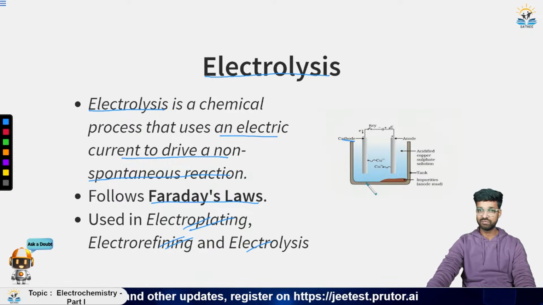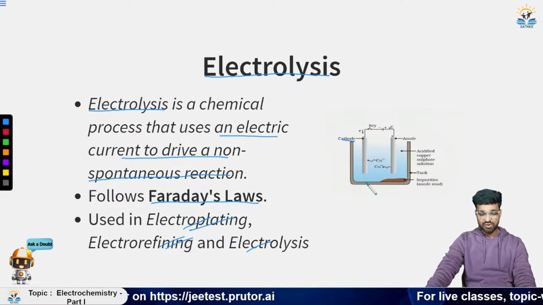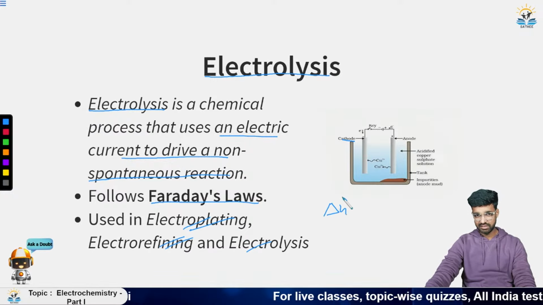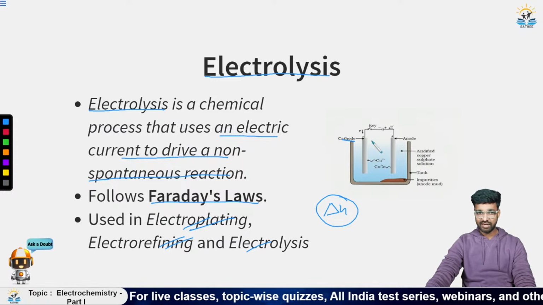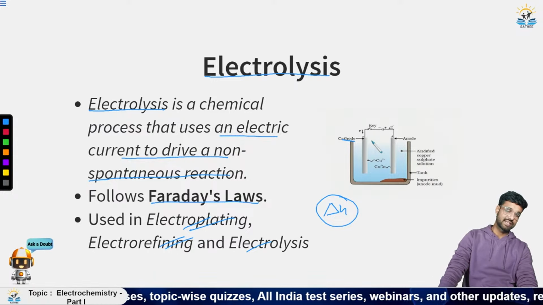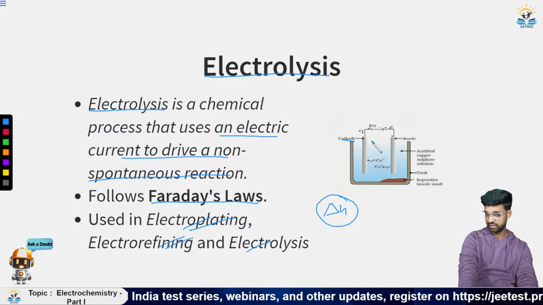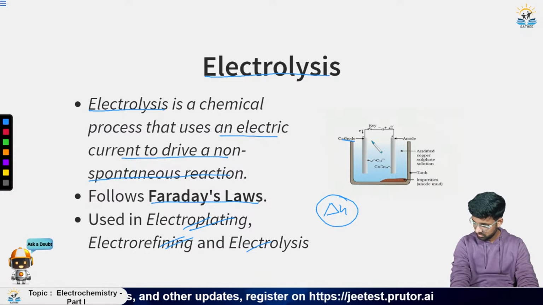Then there will be no reaction, because this reaction is non-spontaneous, or you can say delta G, the Gibbs free energy change, is not negative. For that we apply current, so that the reaction can take place in the non-spontaneous direction through an external factor.